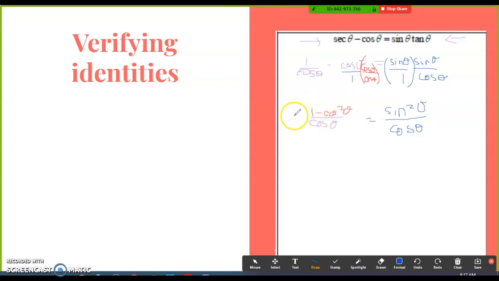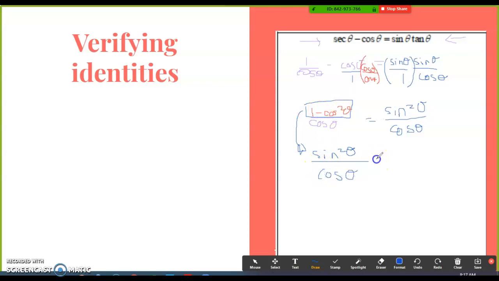I ended up with sine squared of theta equaling 1 minus cosine squared of theta, right? And that again is the different forms we see of identities. So 1 minus cosine squared of theta, remember that's equal to the sine squared of theta. So I know this right here is just the sine squared of theta. So I'm going to substitute that in for the numerator.